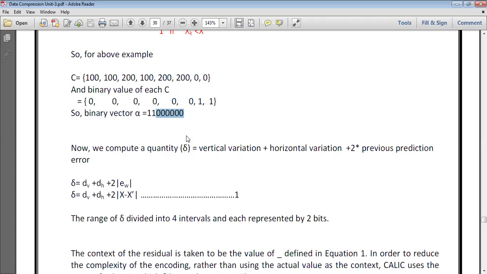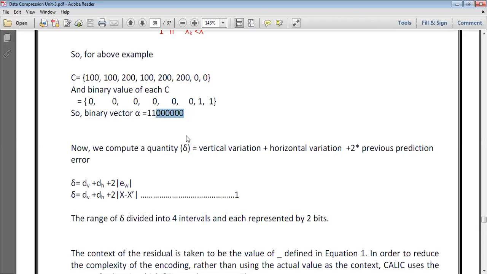Fine. Again, if the question asks what is the quantity, the quantity is nothing but vertical variation plus horizontal variation plus 2 into previous predictions. That is, the vertical variation, the deviation with vertical, dV, plus the horizontal variation, the deviation with horizontal, dH, plus 2 into previous predictions, that is called EW, and EW is nothing but the error.